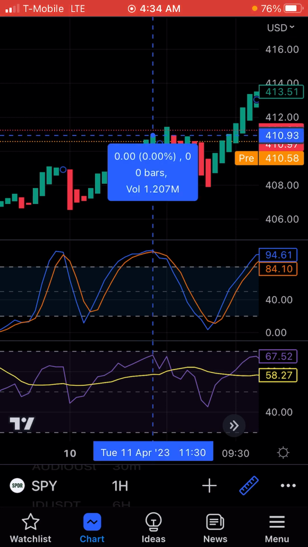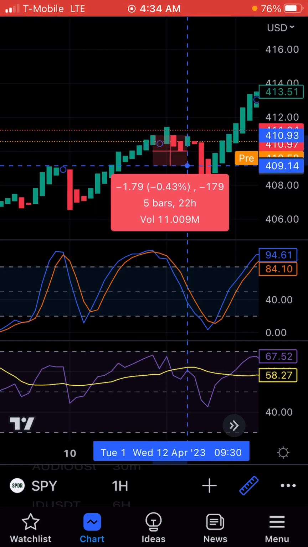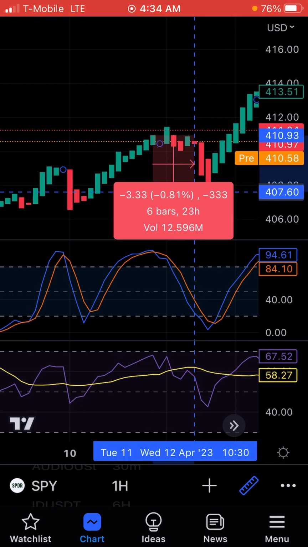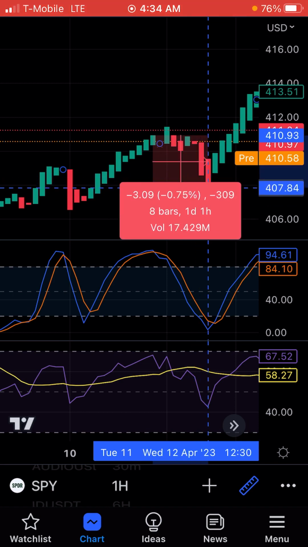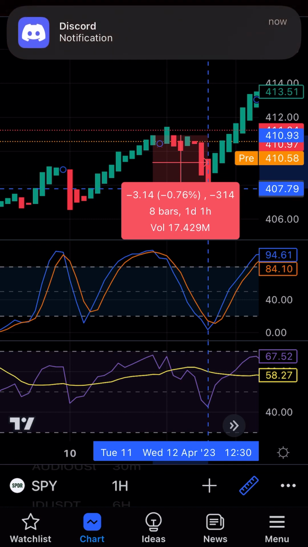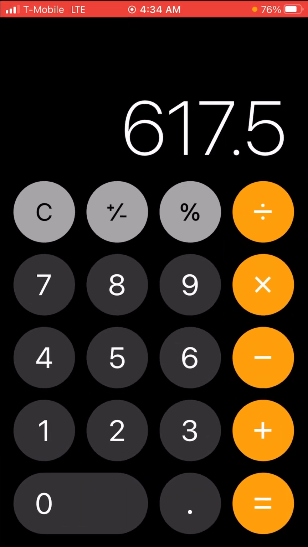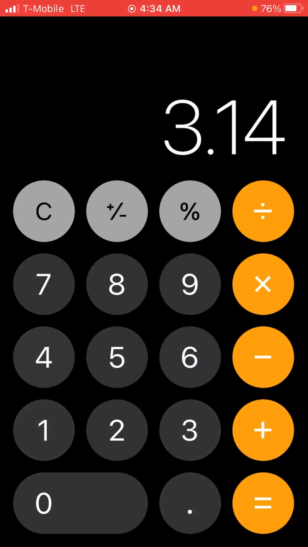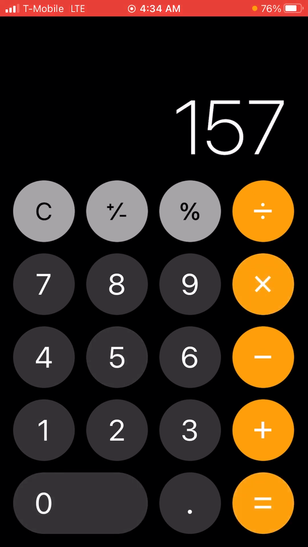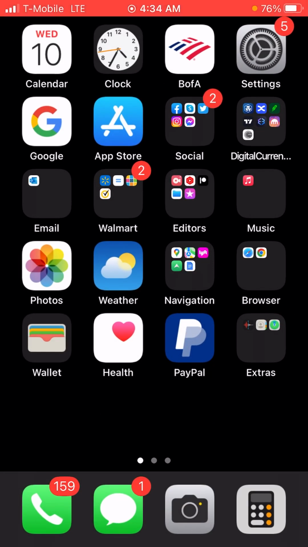Then we look at the RSI and we wait for it right about here, where it kind of touches the line. That's a 3.14 difference in price. 3.14 times about 50 is about $157. So this works really well for the stock market.